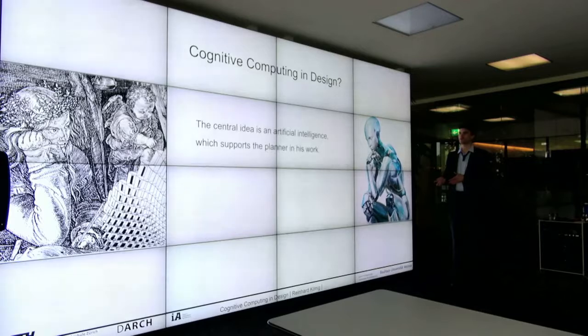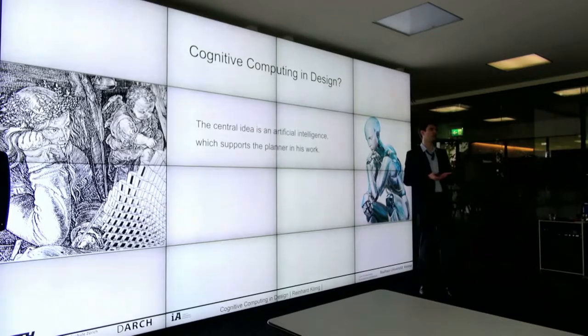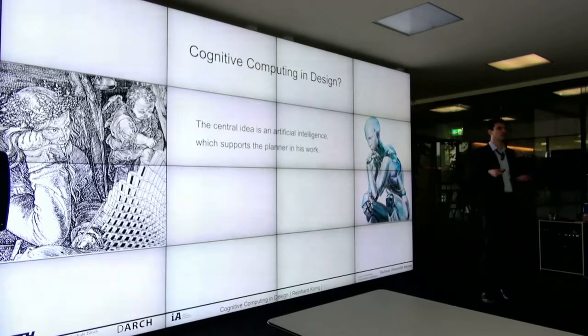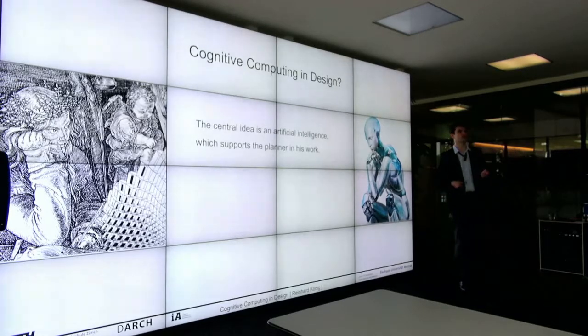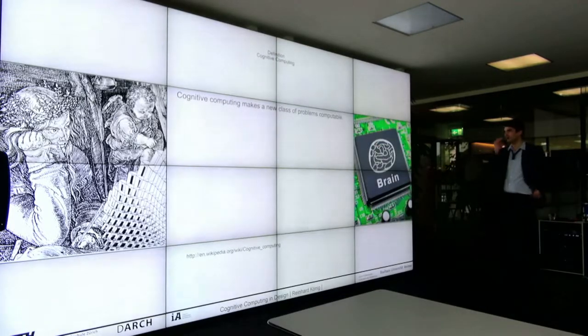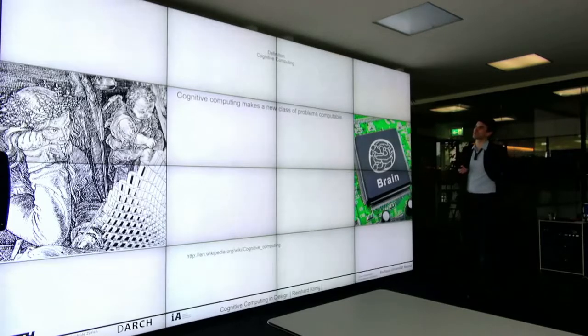The idea in the end is that we have something like an artificial intelligence that helps us to solve design tasks, something that is more or less a co-designer. If you work with other human designers, as a team, you tell each other your ideas and develop the project. So the idea is that the computer can take over this role and help you to work on a problem.